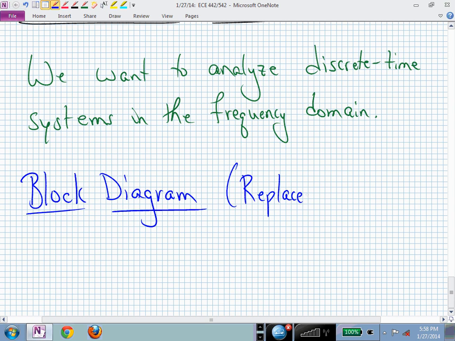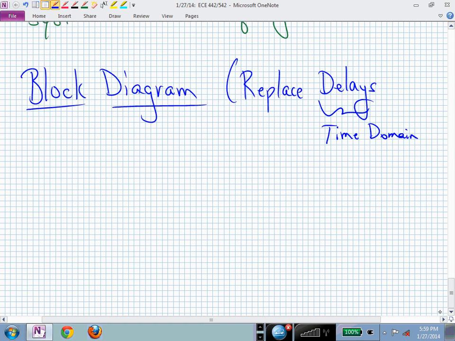Do you remember what we replaced the integrals with in our all-integrator block diagram when we were in the continuous time setting? We just replaced those with 1 over s's, didn't we? Well, now what we're going to do is replace these delays, which is now in the time domain, with z to the minus 1.